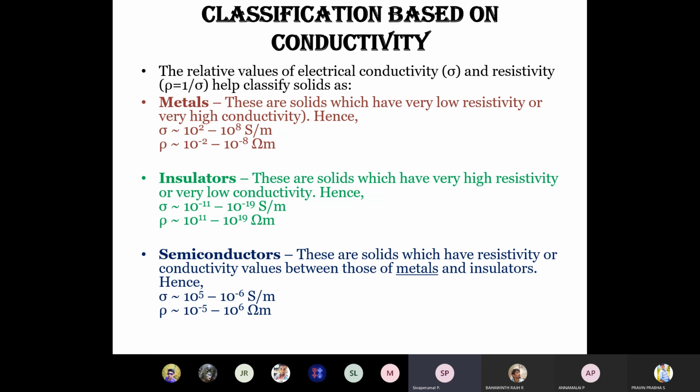So sigma is between 10 power minus 6 and 10 power 5, and similarly rho is between 10 power minus 5 and 10 power 6 ohm-meters.